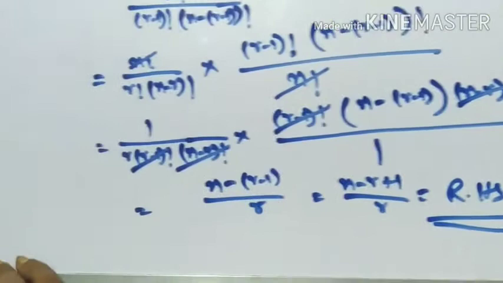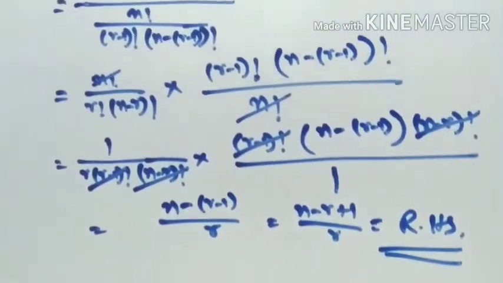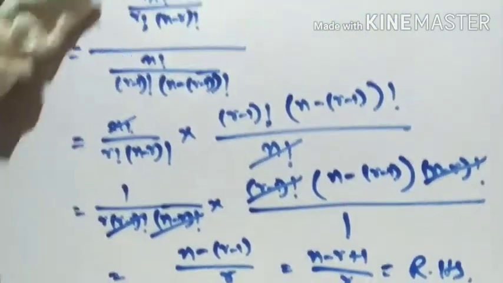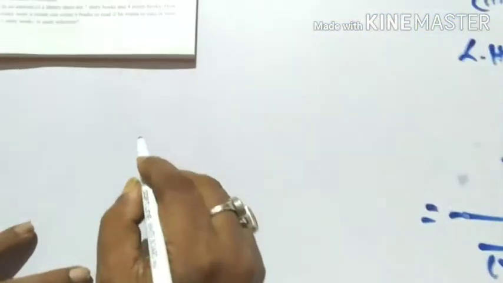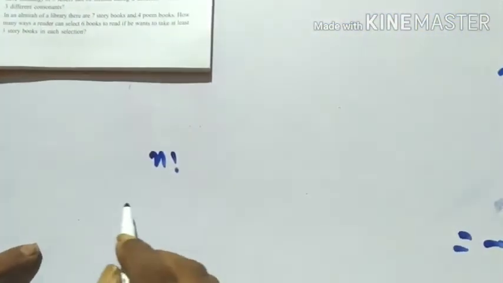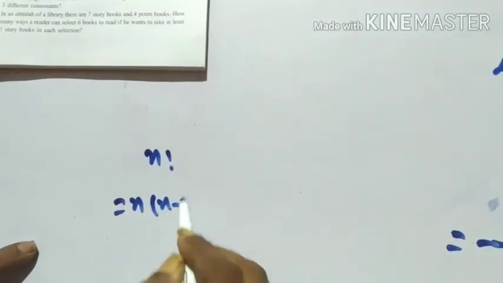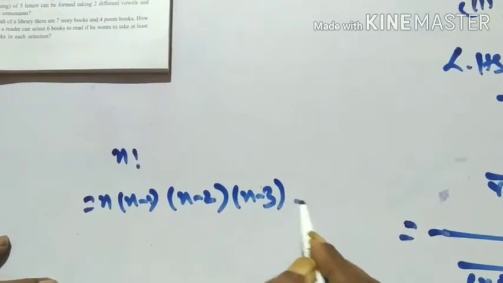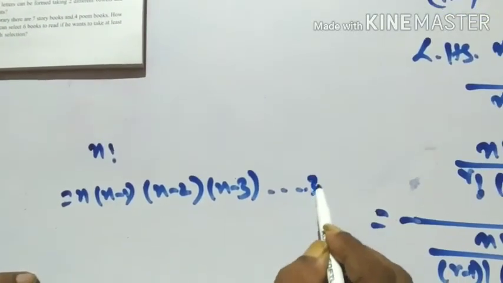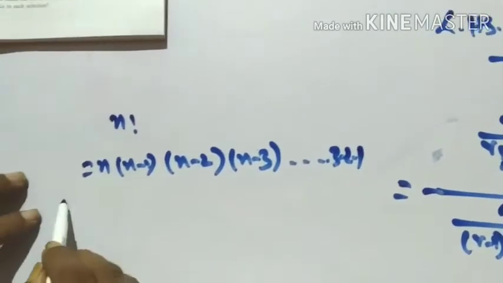The proof is very easy, but one thing you must remember: n factorial is equal to n times (n minus 1) times (n minus 2) times (n minus 3) down to 3, 2, 1. What do we find here?